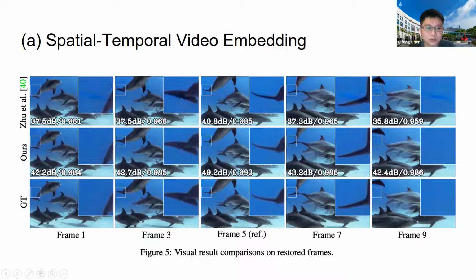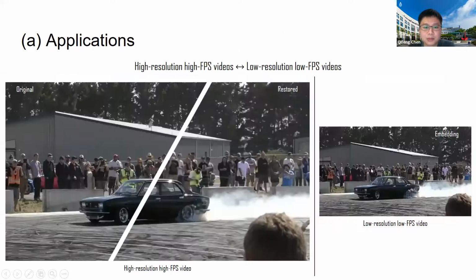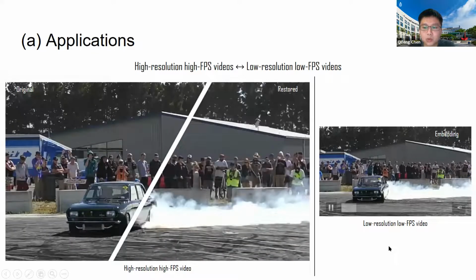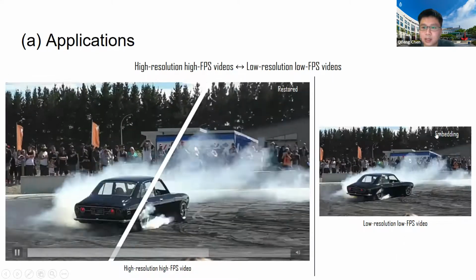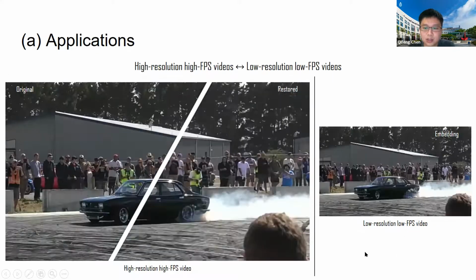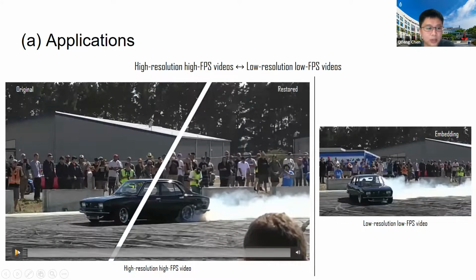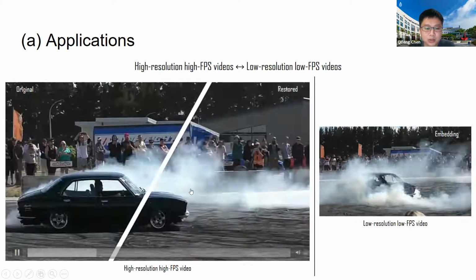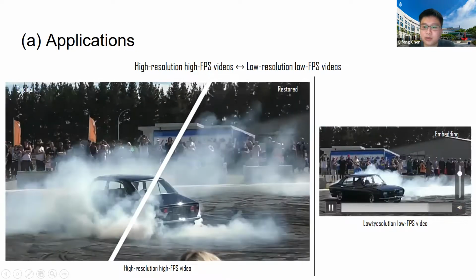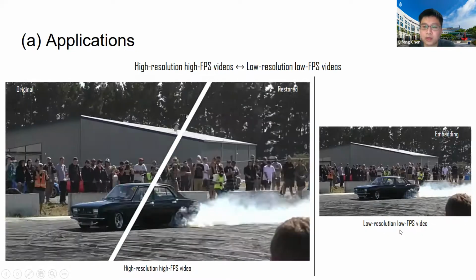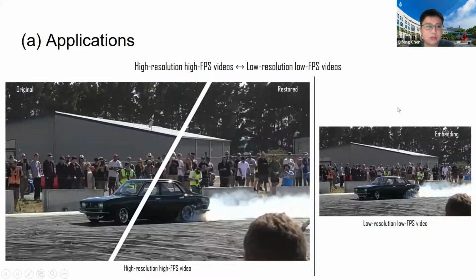We zoom in and we achieve very high PSNR in the reconstructed video frames. And here is some other demonstration. We can reconstruct such a high resolution, high frame rate video from this low resolution, low frame rate video using our framework.